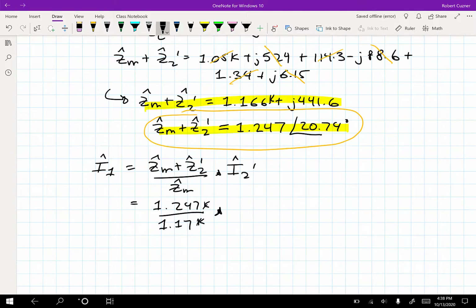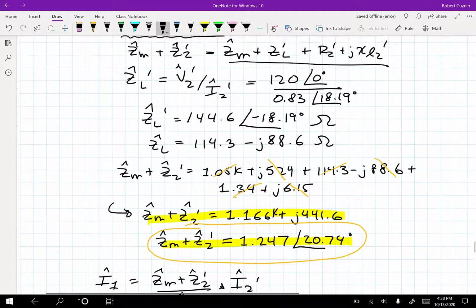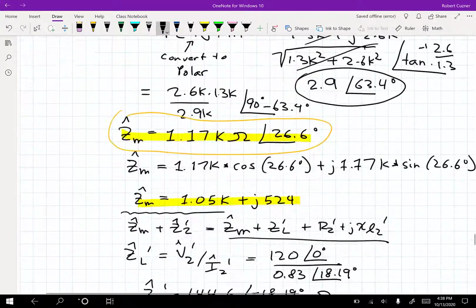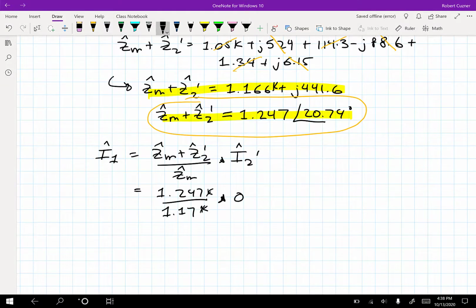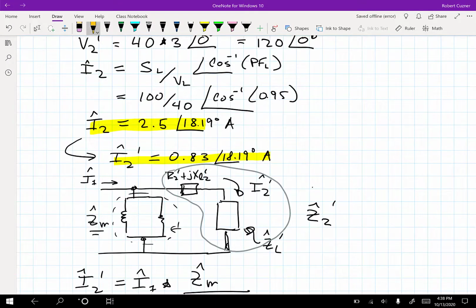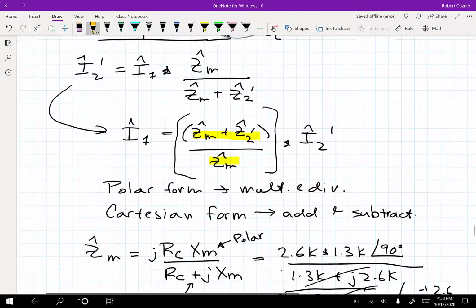The angles, we can multiply this times the current amplitude of I2 prime. What was that? I2 prime was 0.83. This makes sense. I'm feeling good about this so far because more current needs to be supplied from the primary side because of the need to supply the magnetizing current down here. So I expect I1 prime to be larger than I2 prime.